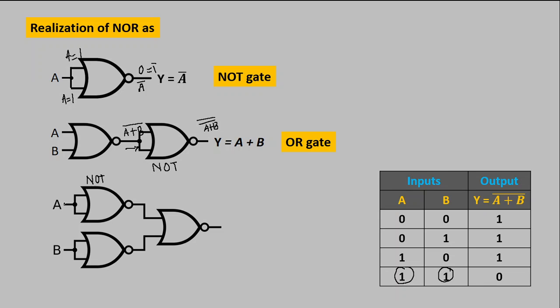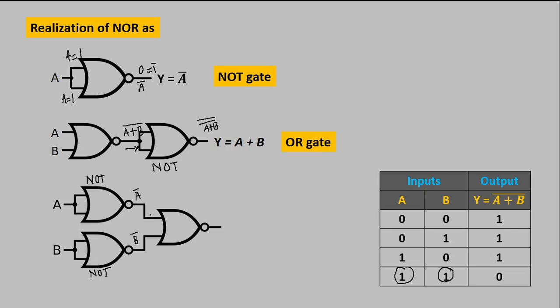So therefore, whatever input present at A will be complemented at the output, right? Similarly, this connection is also nothing but a NOT gate.